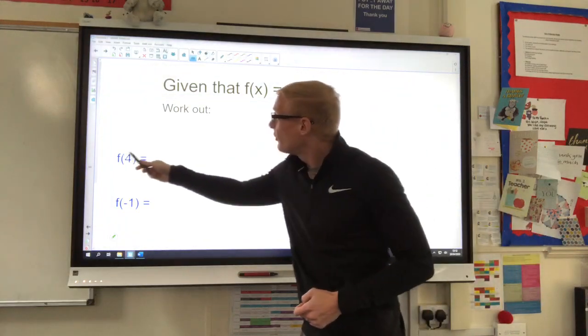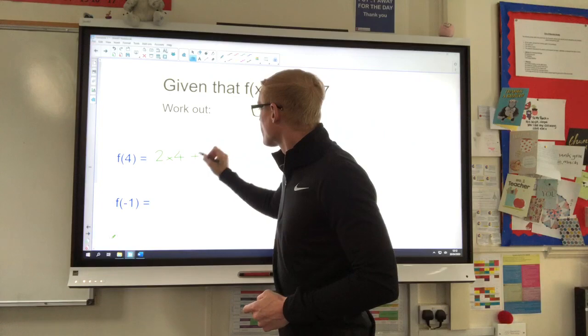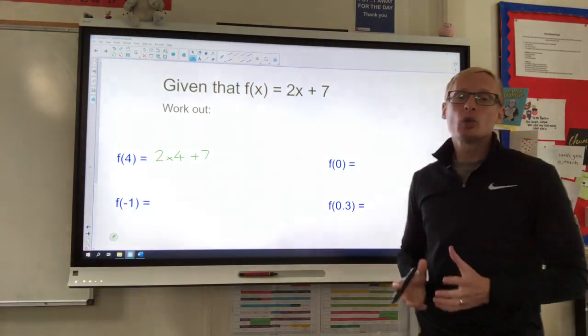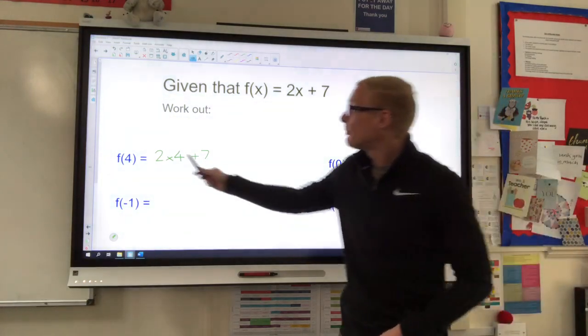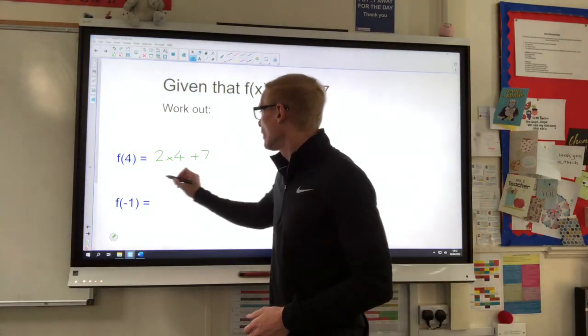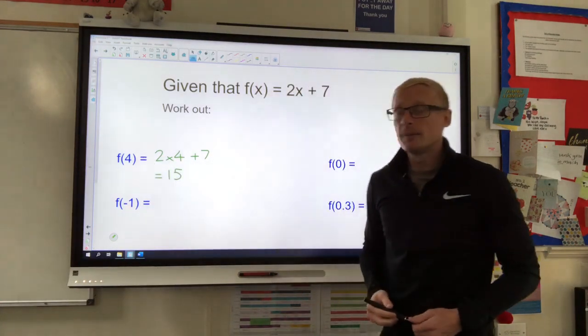So we're going to say f of 4 here is 2 times 4 plus 7. Now throughout this whole topic we must make sure we follow BIDMAS, which means we need to multiply before we add. So 2 times 4 is 8, plus the 7 gets you 15 there. So f of 4 is 15.